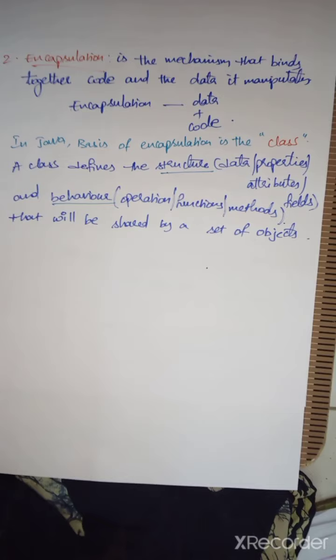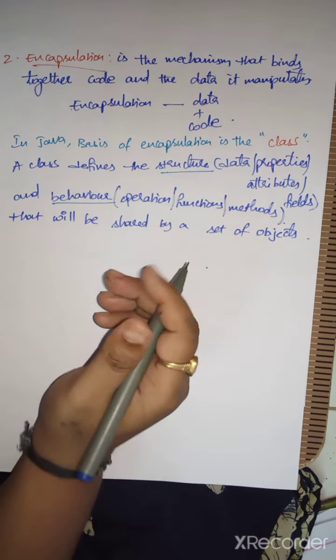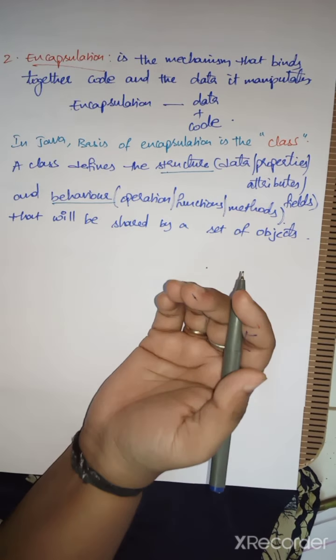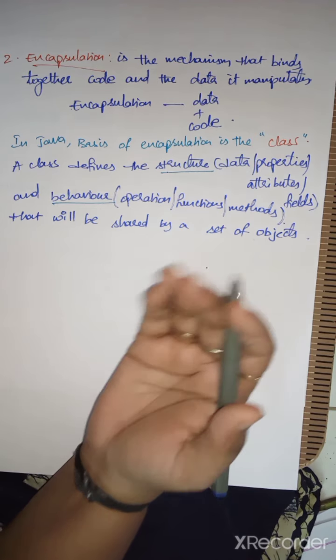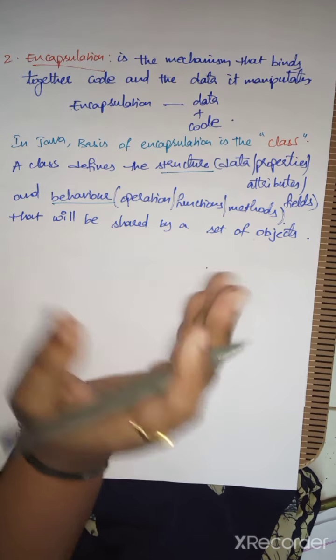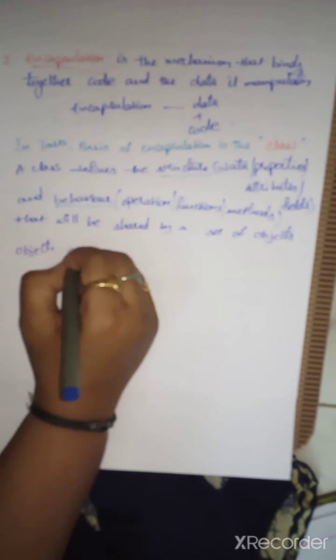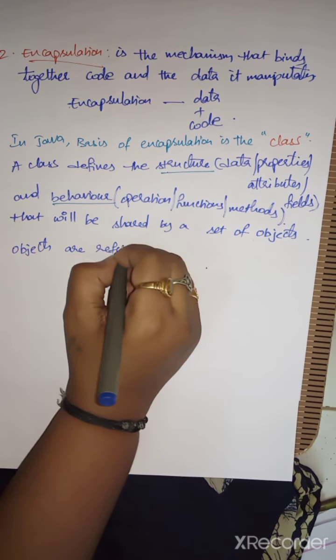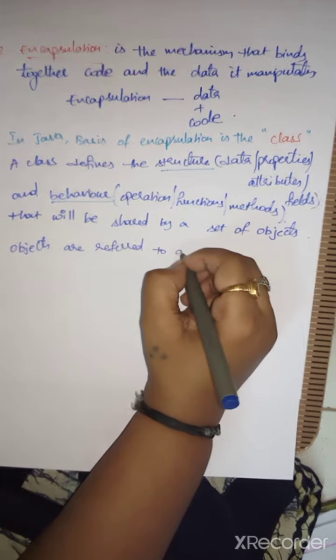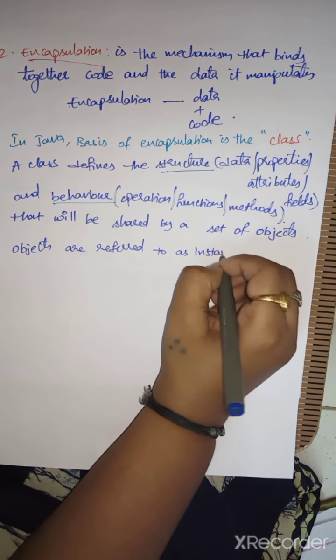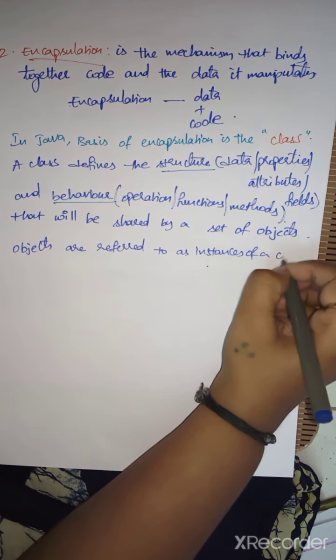Each object of a class contains the structure and behavior defined by the class as if it were molded in the shape of the class. That is why objects are referred to as instances of a class.